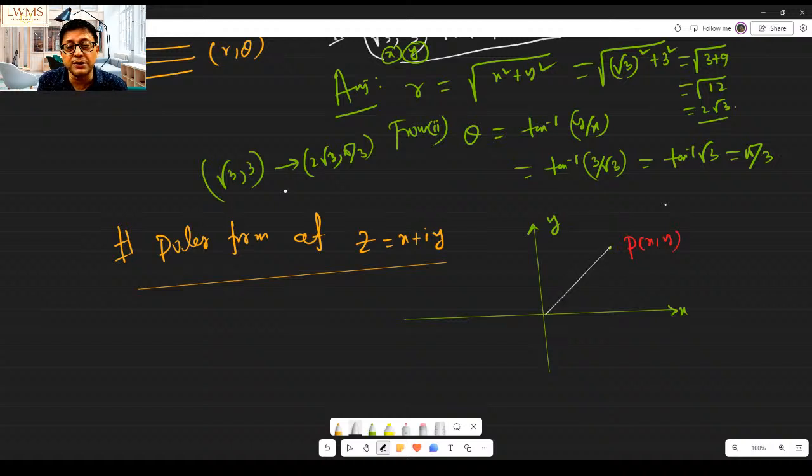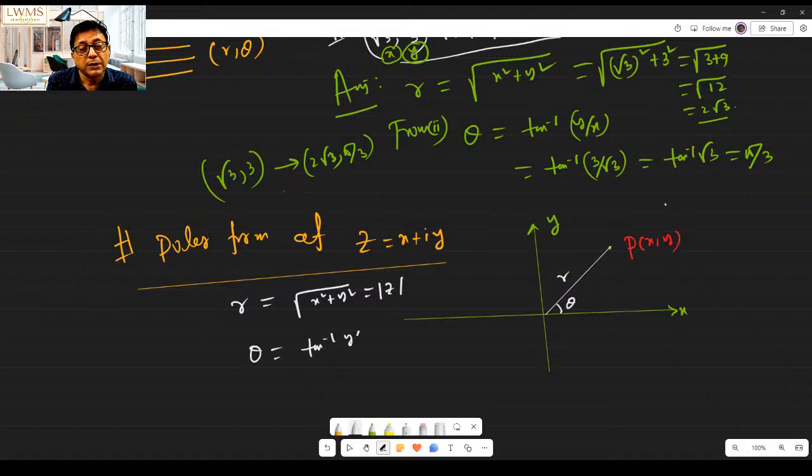You know z equal to x plus iy, but it will be in terms of r and theta now. This r is what? R we have learned by Pythagoras theorem, it is basically mod z. And theta is what? Tan inverse y by x. Okay?